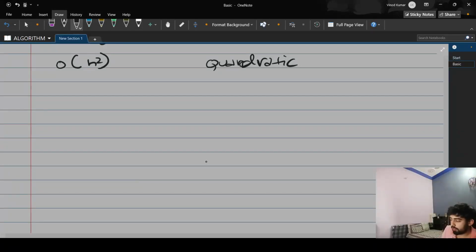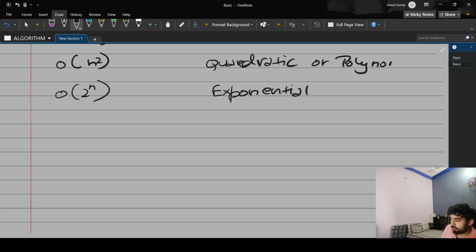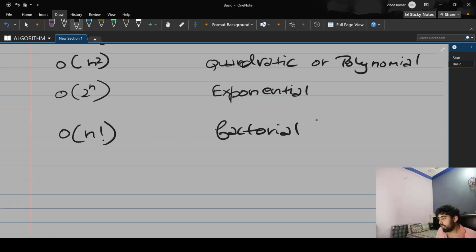Then we have big O of 2 to the power n, which I just explained, exponential. And then the slowest we can take is the factorial. Factorial is the slowest an algorithm can run.